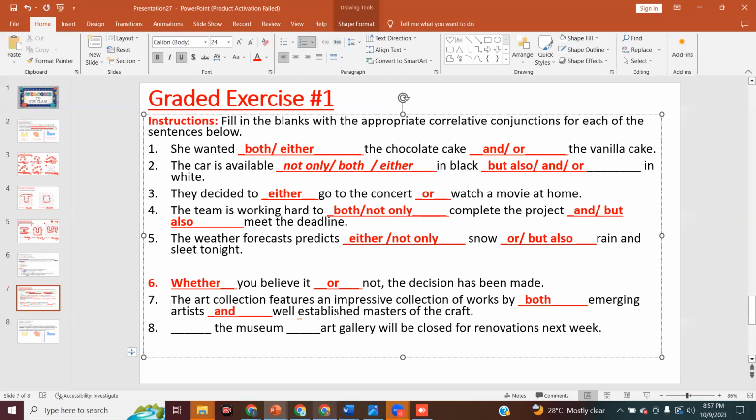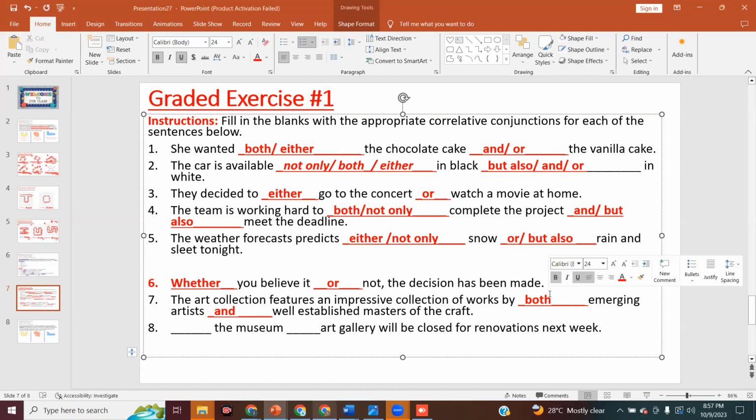They're young, athletic, with energy. Well established means they've been doing it for years. Does that make sense? Yes, sir. So the art collection features an impressive collection of works by both emerging artists and well-established masters of the craft.